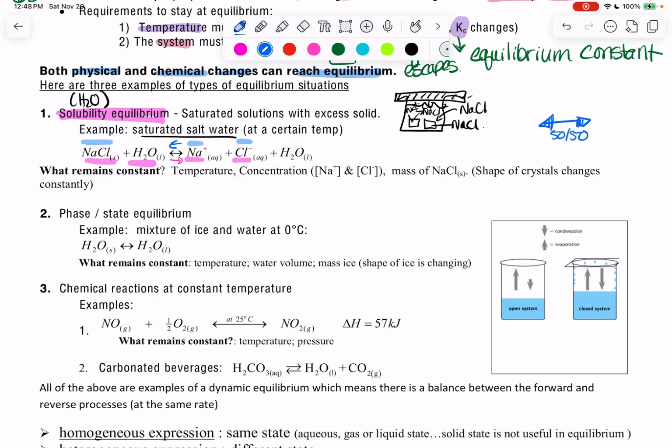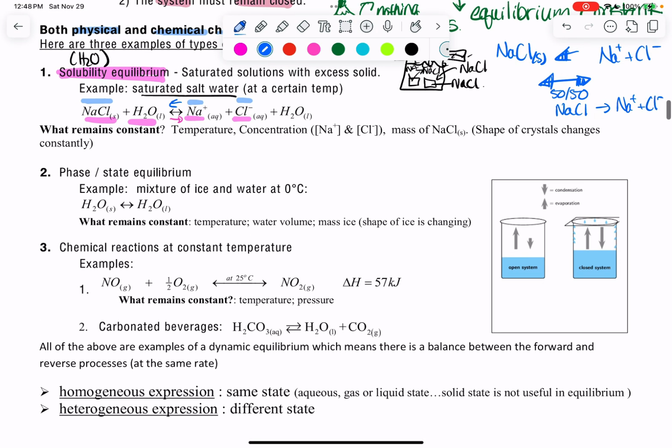The amount of NaCl breaking down into the ionic forms is the same as the sodium ion and the chloride ion reforming sodium chloride solid. I hope that makes sense.